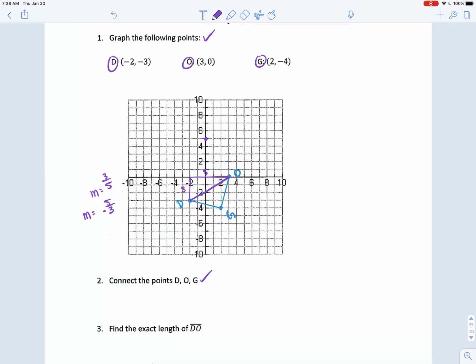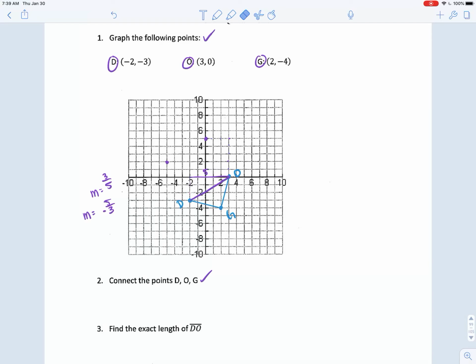So do you guys see why I put the -3 on the bottom? Or why I put the negative sign with 3 rather than the 5? Because if you were to do -5, you would move in the opposite direction, right? You'd want to move down. I'm going to do the same thing from point D. I'm going to go up 5, 1, 2, 3, 4, 5, and then to the left 3, 1, 2, 3.